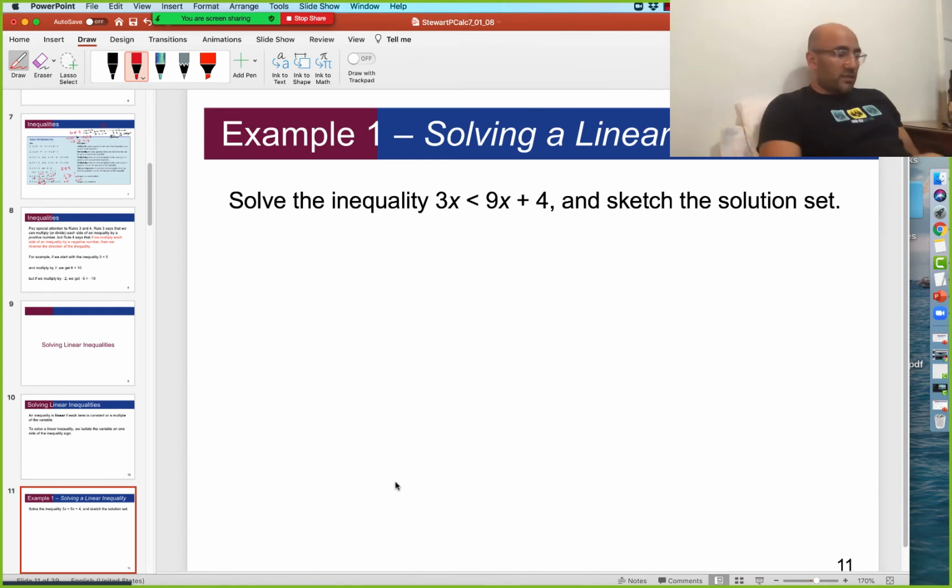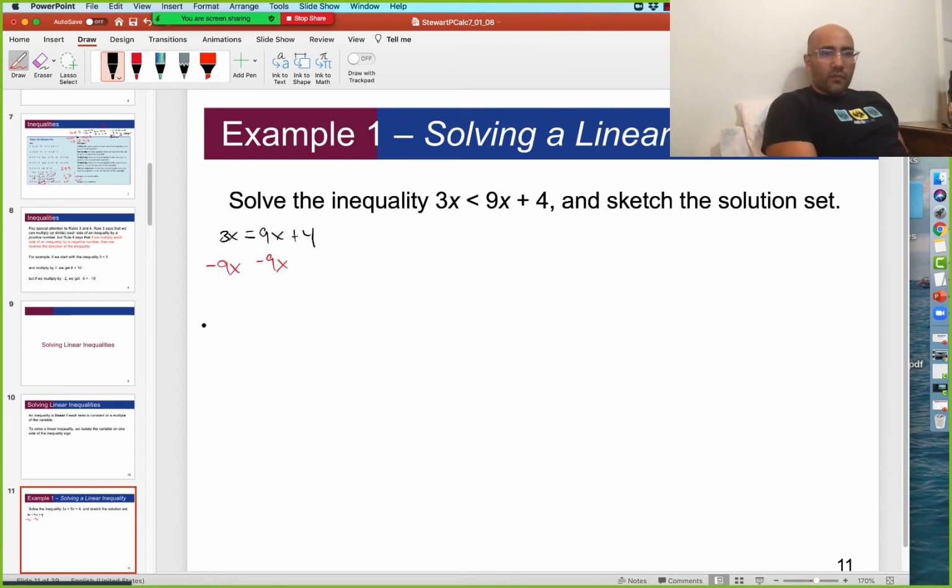So we would approach this in the same manner that we would if we had the equation 3x is equal to 9x plus 4. There's really very little difference. We just have to keep track of that inequality there. Since it's linear, let's move this one this way, minus 9x, minus 9x.